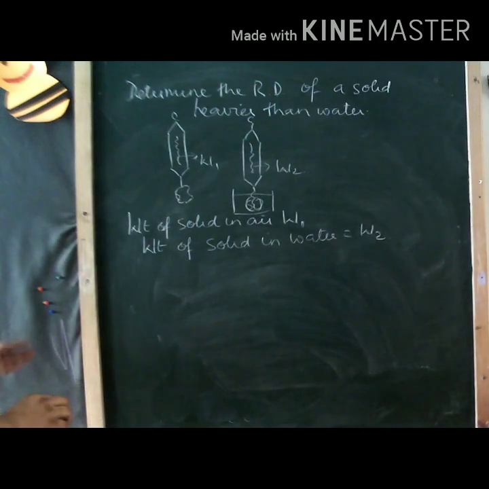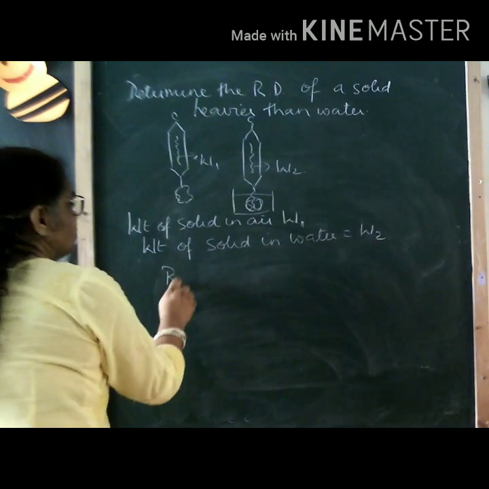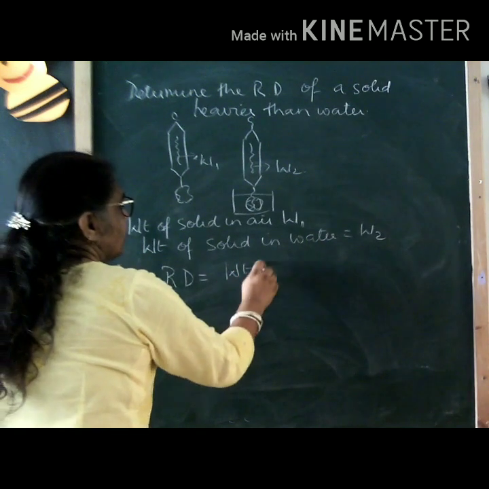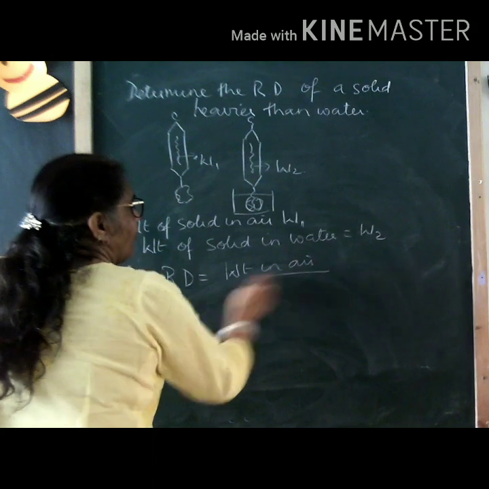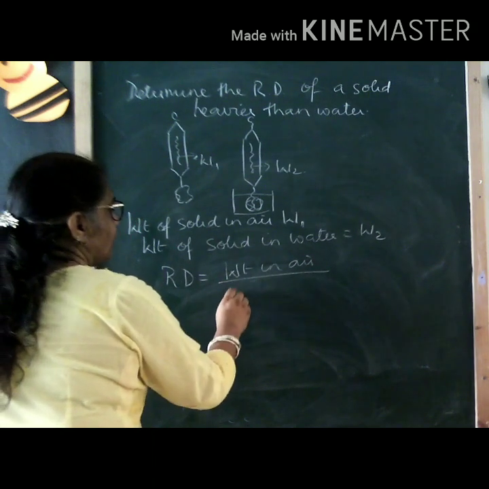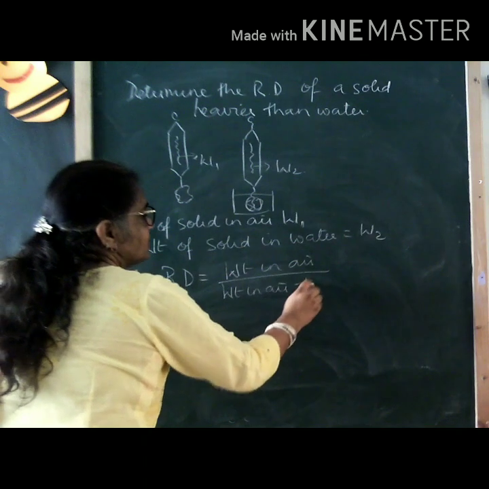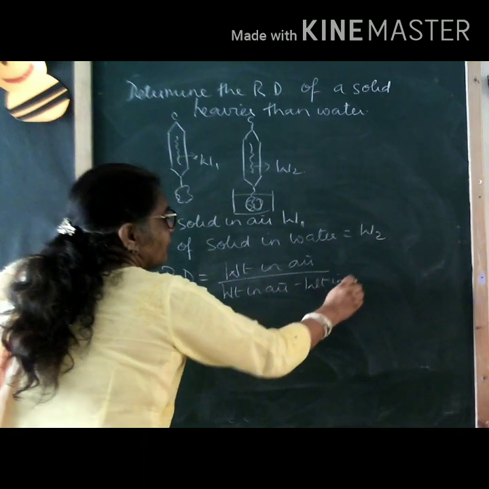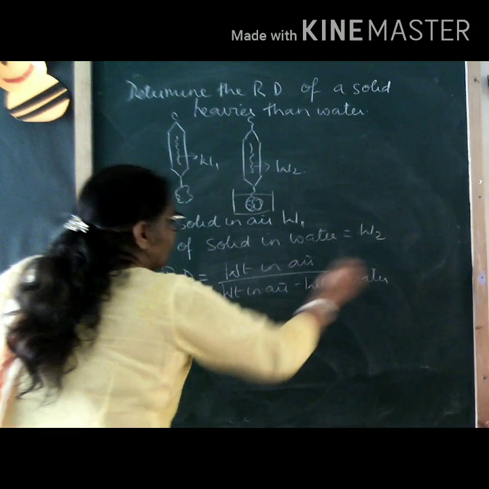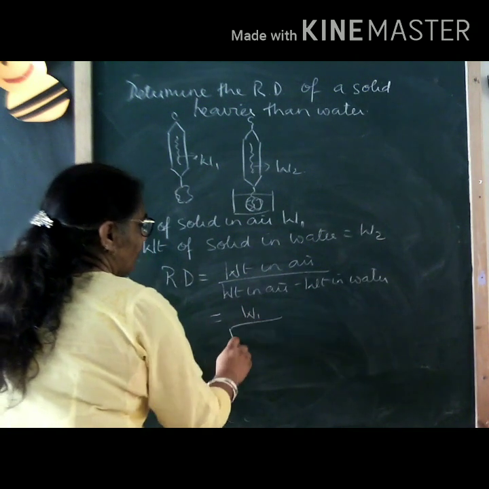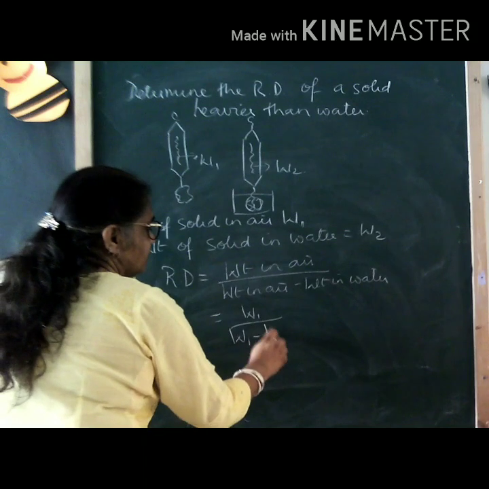Now to find relative density, what was the formula? Relative density is equal to weight in air upon loss in weight, or weight in air minus weight in water. That means now I will have W1 upon W1 minus W2.